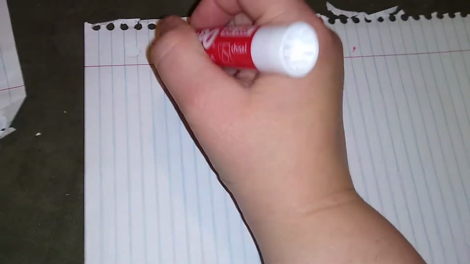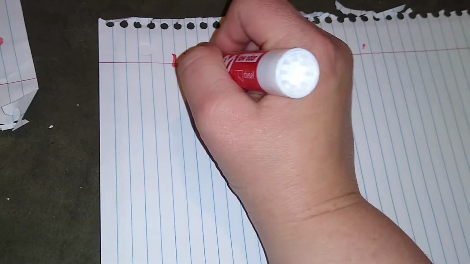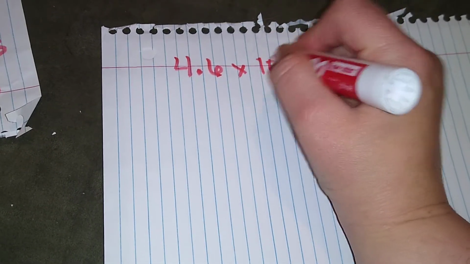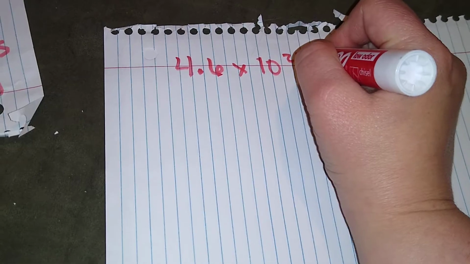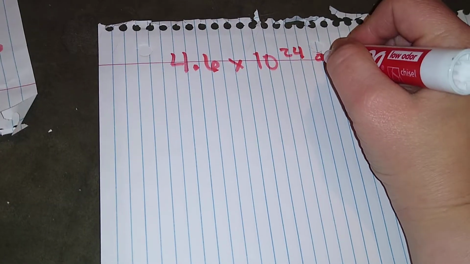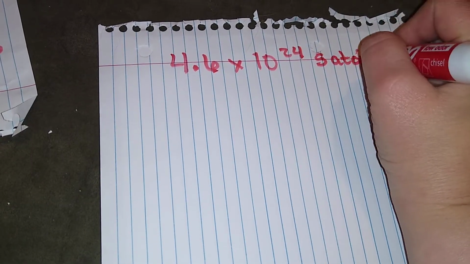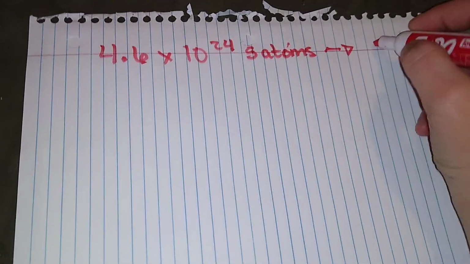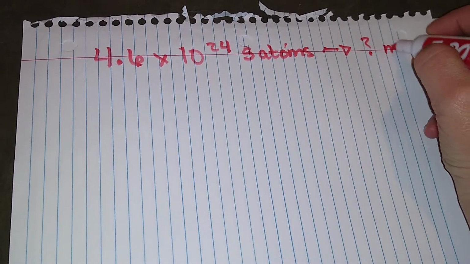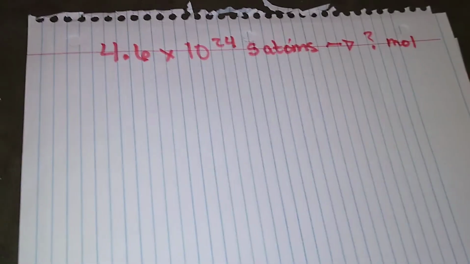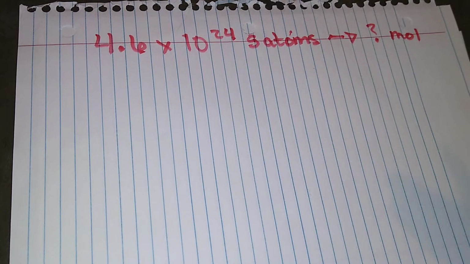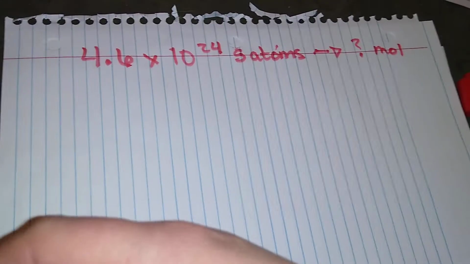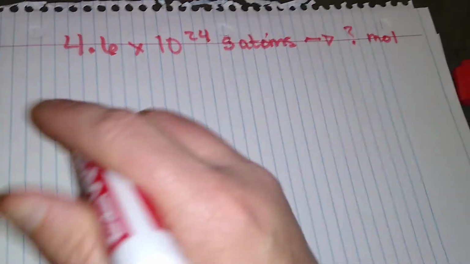So we start with 4.6 times 10 to the 24th sulfur atoms, and we want to know how many moles that is. Again, we are going from atoms to moles, so we are going to divide.